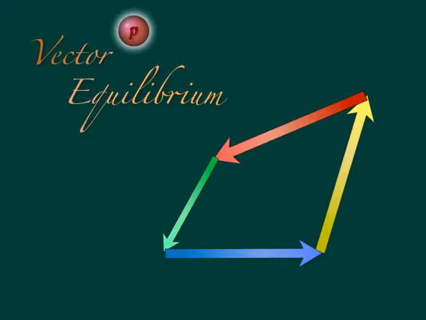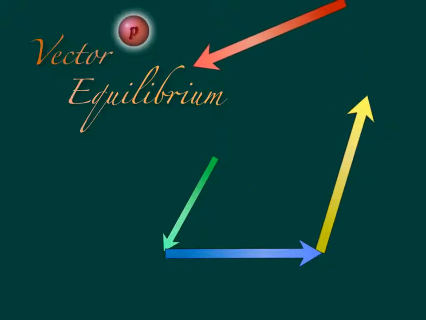And this could be useful in examples where some unknown force has been omitted from a diagram, and what you're trying to do is put in the forces that you do know and show that the unknown force will be the thing that closes this.